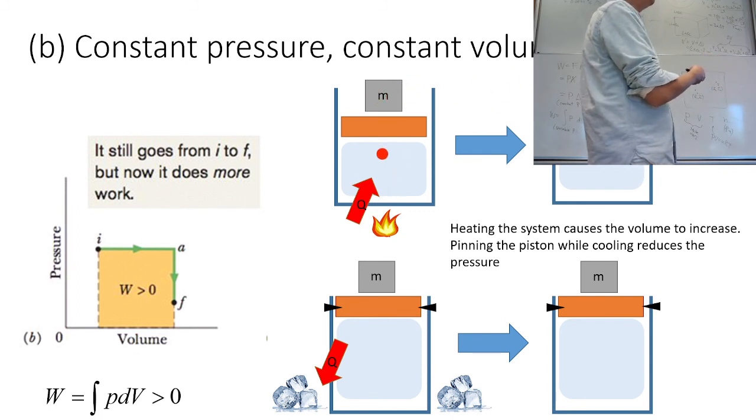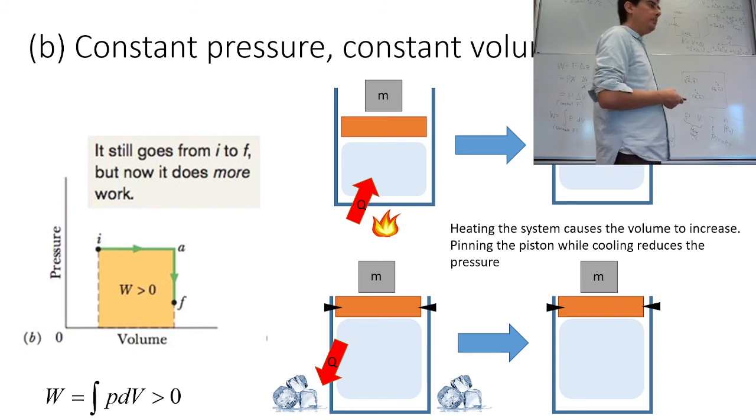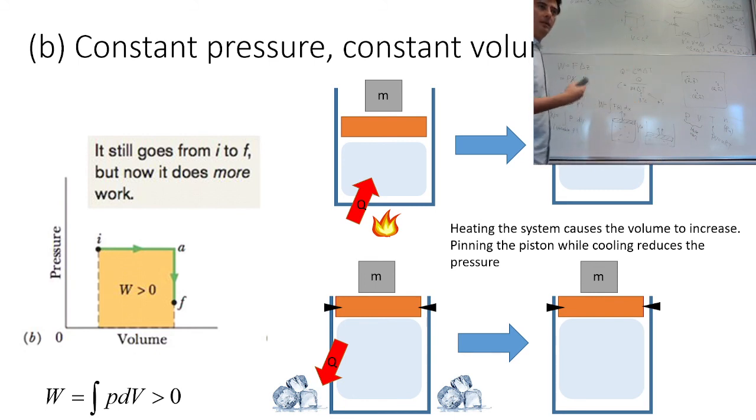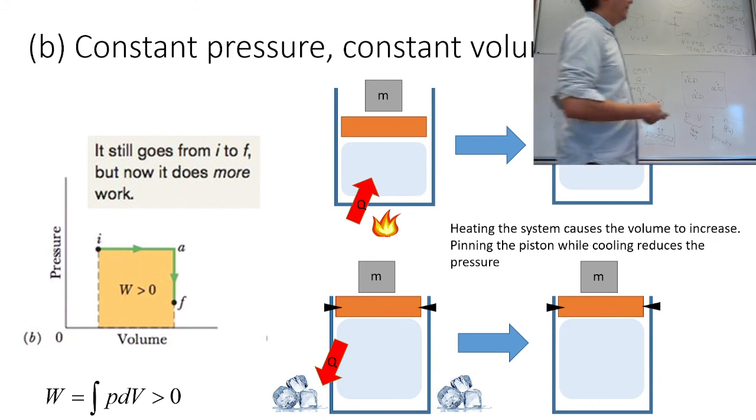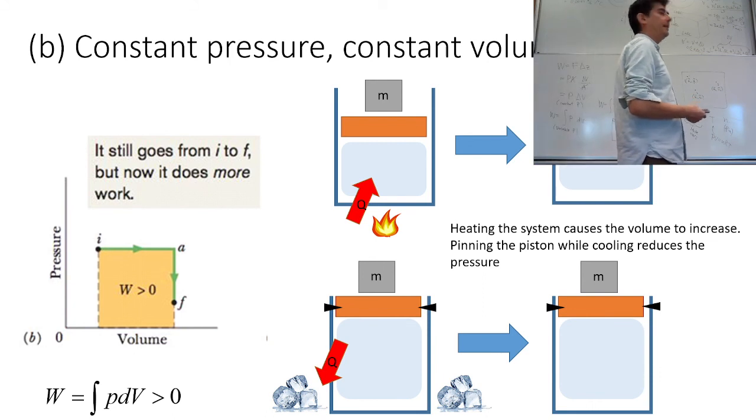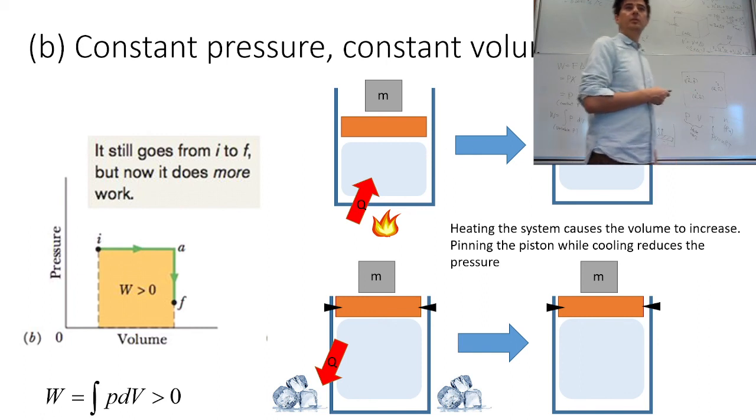So instead what we can do is add some heat. If we add heat to the process, then the gas will expand. And by not changing this mass here, but adding some heat, we will induce this particular change.